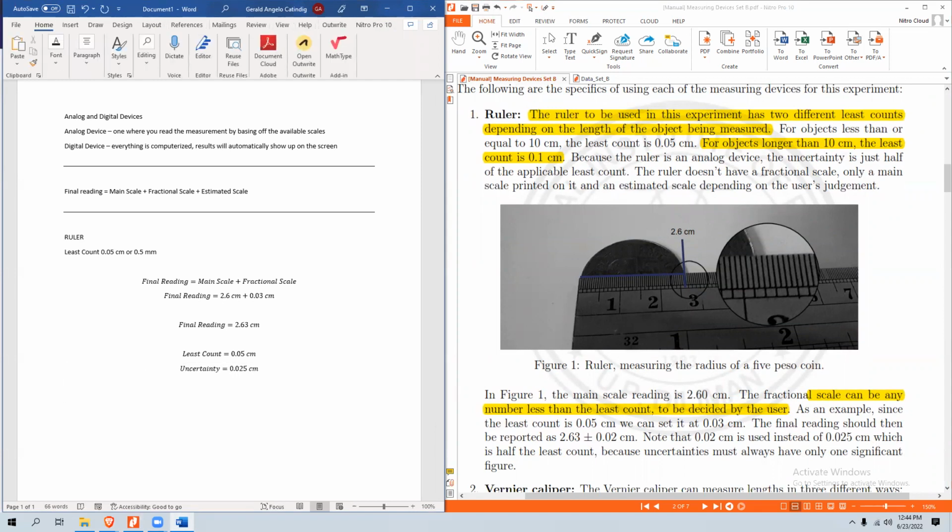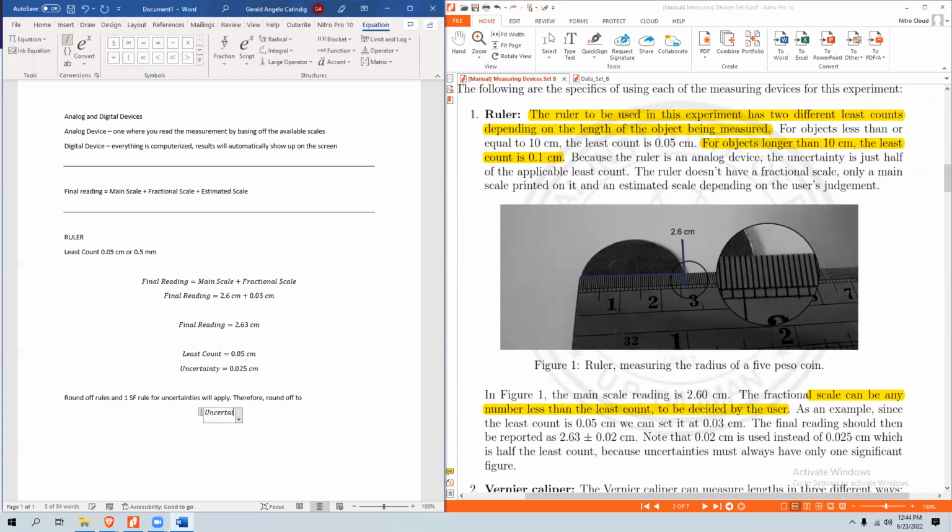However, both round-off rules and the one significant figure rule for uncertainties will apply. Therefore, we need to round off 0.025 into 0.02 cm.